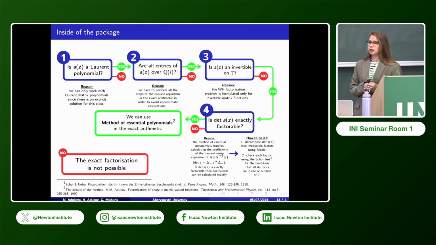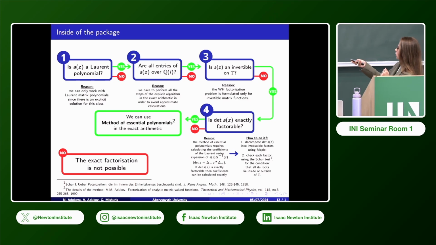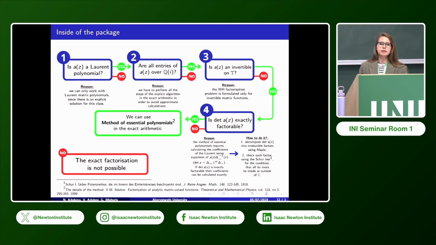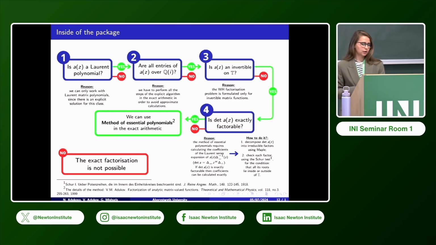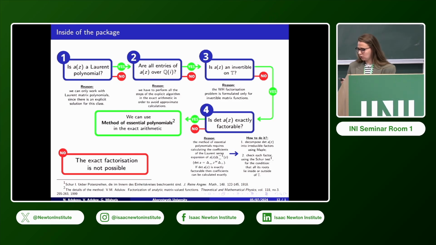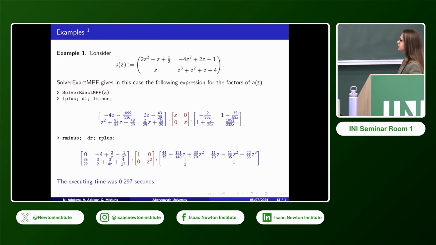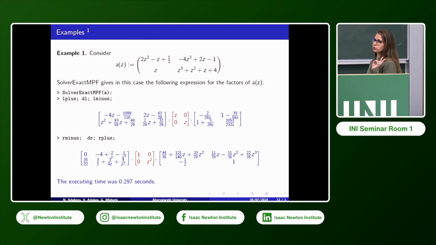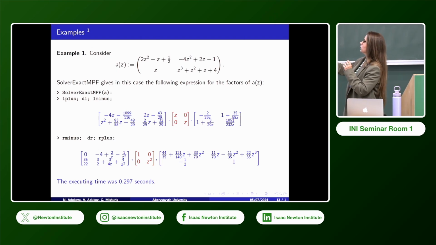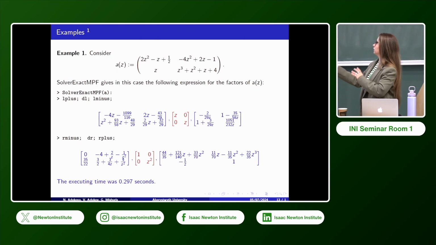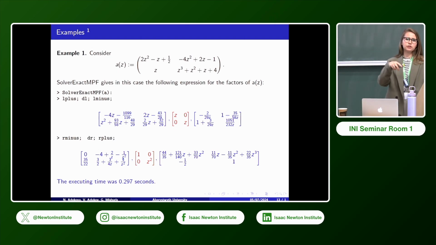I prepared checking examples for each point, and we will see what happens in the package. Here let's have a look at two simple examples on the slides, because it's very easy to see the results in this form rather than in the package.